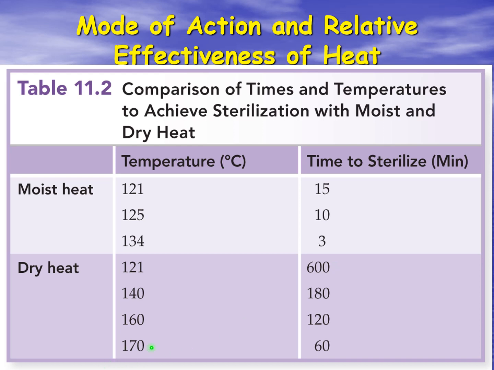Even at 170 degrees Celsius of dry heat, it would take an hour to do the same thing that we do at 121 degrees for 15 minutes. So moist heat is more efficient at denaturing proteins and stopping microbial growth than dry heat.